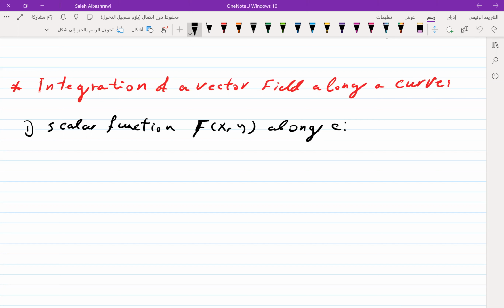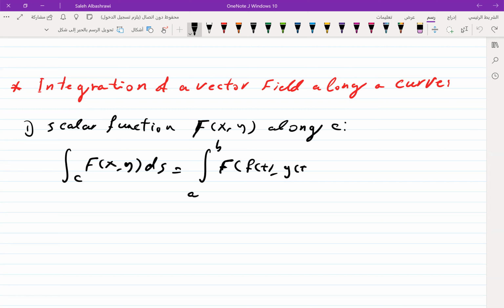This is the third part of the topic of line integral. The last time we found the line integral for the scalar function along the given curve C. If we have a scalar function f of x, y, and we need to evaluate it along the curve C, the integral of f(x, y) ds is equal to the integration from a to b, where the curve C is parameterized by f of t, g of t. ds is the square root of f prime squared plus g prime squared, dt.